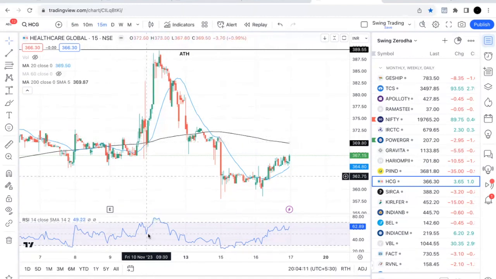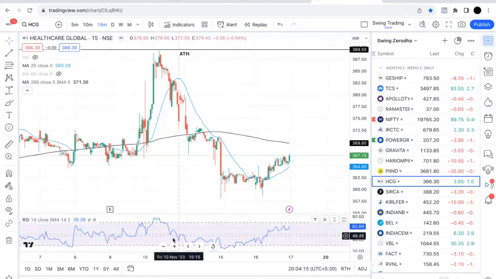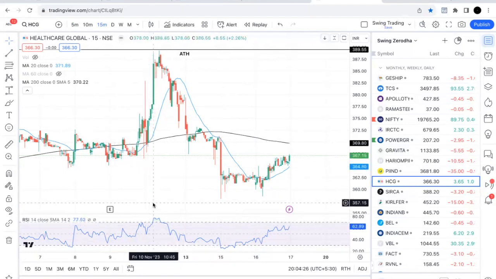At that point, I would be looking for an RSI on the bottom, below 30. Now, this one wasn't below 30, but it still moved up. That's not very common.